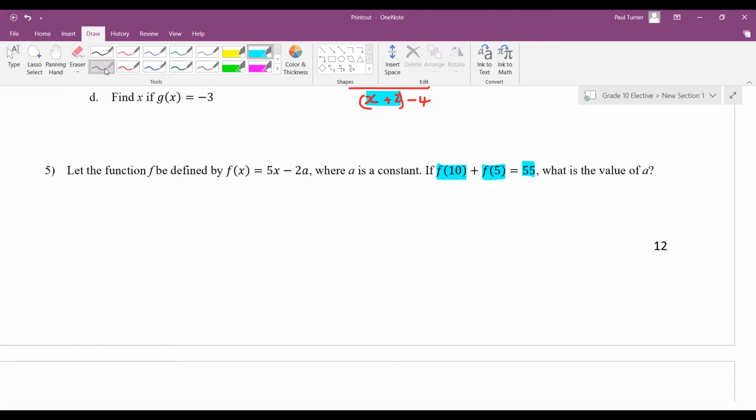So what I want you to do first, find f(10) and find f(5), whatever they are, because this is your function here. And that should equal 55. Can I give you a few minutes to try that one? Because this one's a little bit more tricky, because the other ones previously are a bit easier.